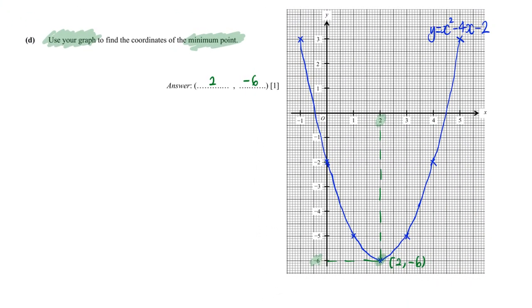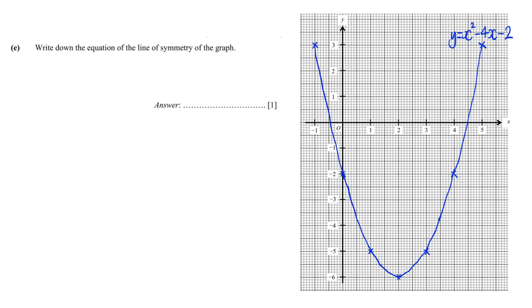Let's move on to the next part. Now for this part of this question, we do need to write down, let me use pink color, the equation of the line of symmetry. But first we do need to know where it is, right? So the line of symmetry will be in the middle of this particular graph, and this is the point where it is the line of symmetry. Oops, sorry, I'm going to use another color.